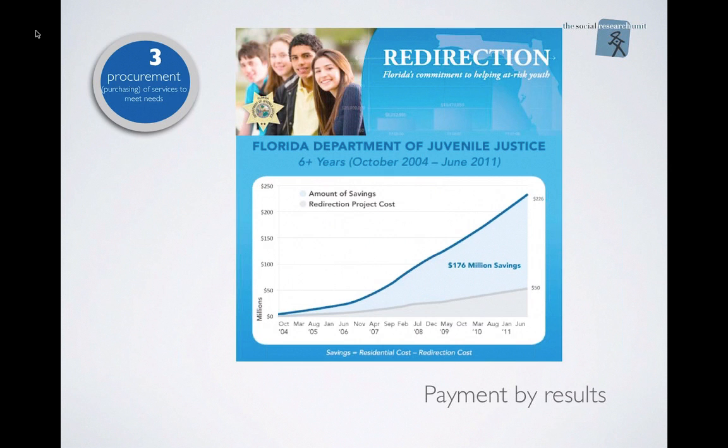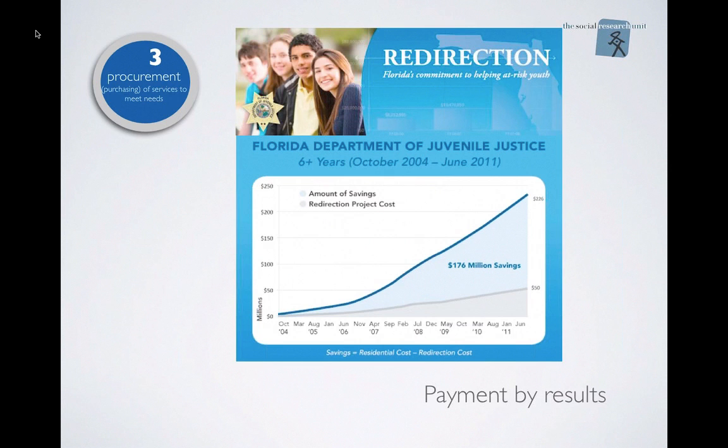In an evaluation conducted in 2011, rates of felony reconviction for youth completing redirection services were 38% lower than the matched sample of residential youth. Rates of subsequent juvenile commitment, adult probation, and adult prison were 33% lower for redirection youth. On top of that, in the first 6 years, redirection has avoided millions of dollars in residential placement costs.